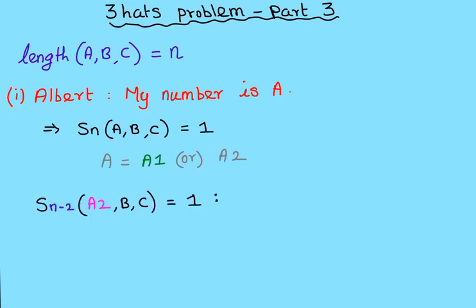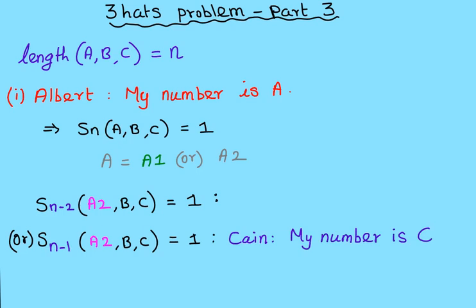That means either S(n-2) of A2BC is 1 or S(n-1) of A2BC is 1. Note that the nth conversation is Albert's turn, so the (n-1)th conversation must be Kane's turn, and the (n-2)th conversation must be Brinda's turn.